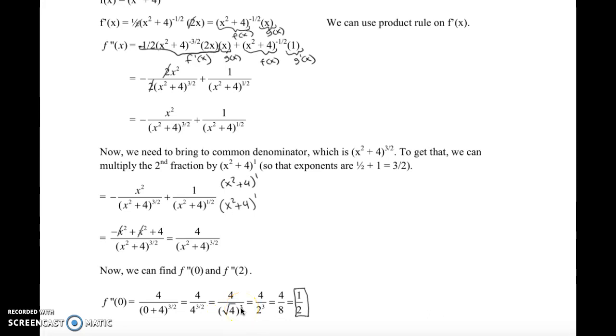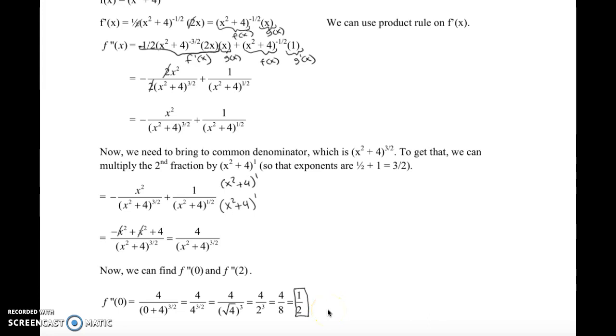Remember, we have to rationalize the denominator here. When we rationalize the denominator, we have 4 over 2 cubed, which is just 8, so 4 over 8, which is 1/2.